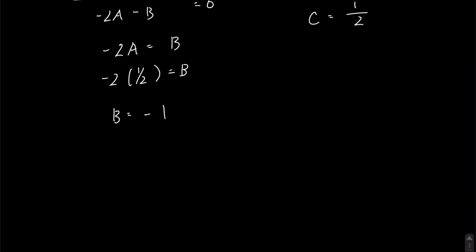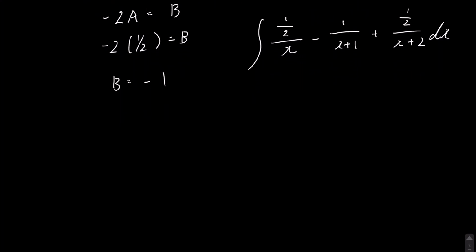And now we just have to plug those numbers into the first equation. So our a is 1/2 over x, and since our b is negative, we put negative here, plus c is 1/2. So let's solve this integral.